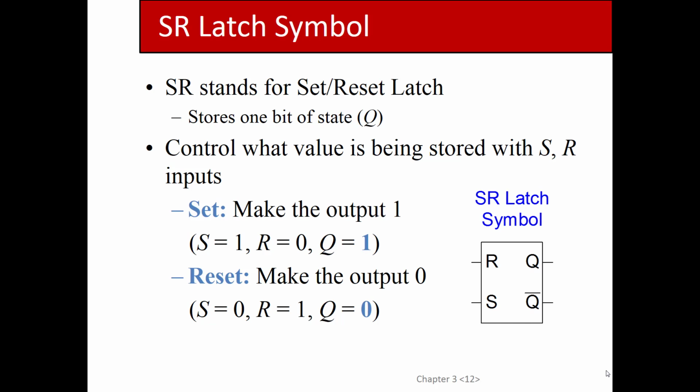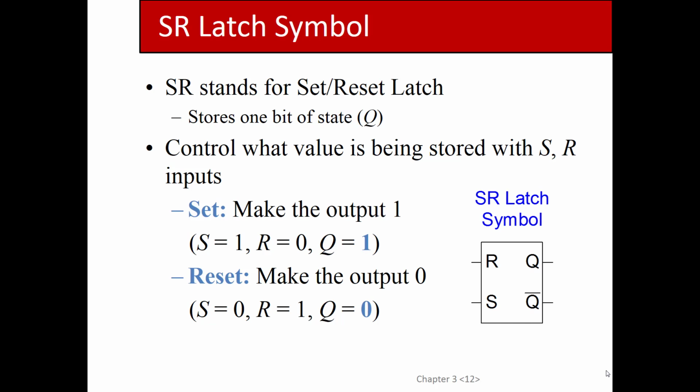You can set it to 1 by setting, I'm sorry, I screwed that up. If reset is 1 and set is 0, then you'll put a 0 in there inside that memory cell.